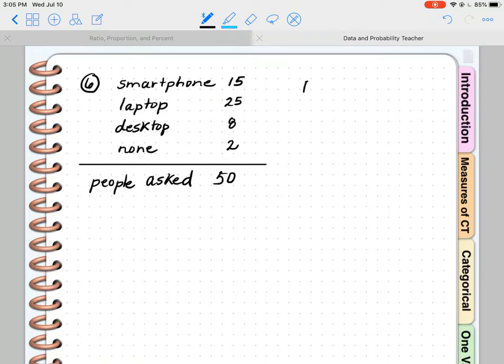What is the probability that a randomly chosen person uses a smartphone as their primary access to the internet? Well, out of 50, the smartphone is 15.